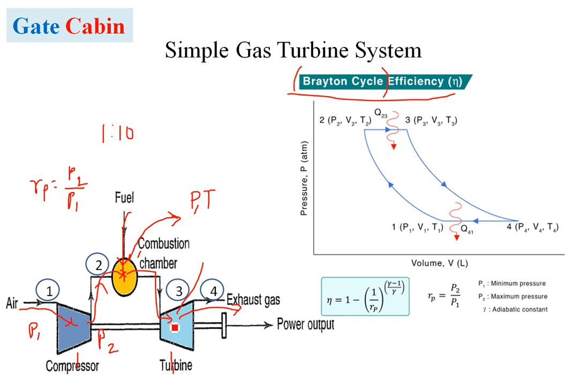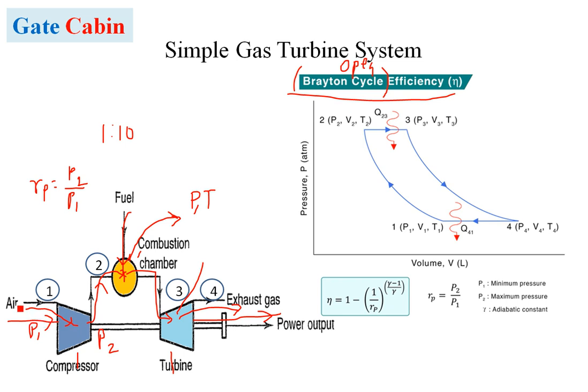These are the three processes on which this particular system works. The Brayton cycle is basically an open gas cycle. It's not a closed system, because air enters from the inlet and the working fluid exits back into the atmosphere. So we have an abundance of working fluid, which is air, passing through the system.